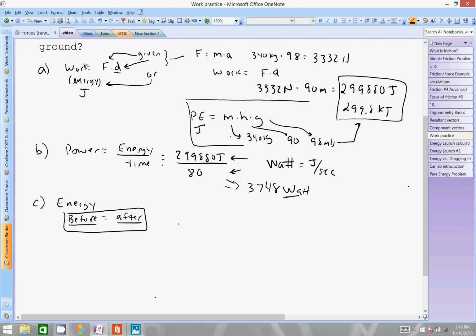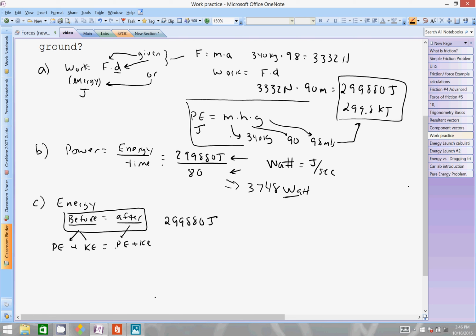We know this thing is going to acquire 2,998.80 joules of energy. Before, we have potential energy and we have kinetic energy. Afterwards, we again have potential energy and kinetic energy.